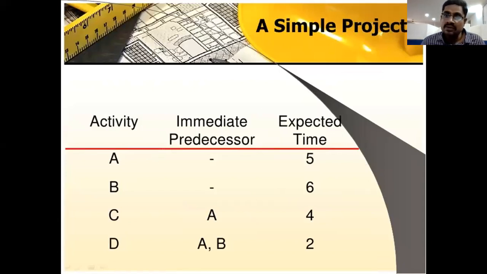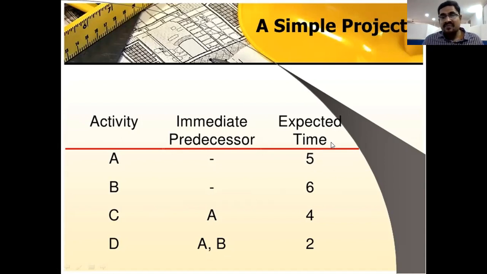So now coming to a simple example, a simple problem on how to draw a network diagram, right? Suppose there's a simple problem with activities A, B, C, D. These are the immediate preceders, also known as pre-activities: dot, dot, A, and AB.